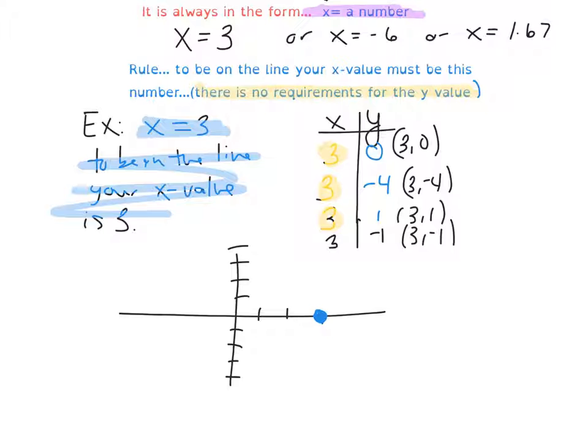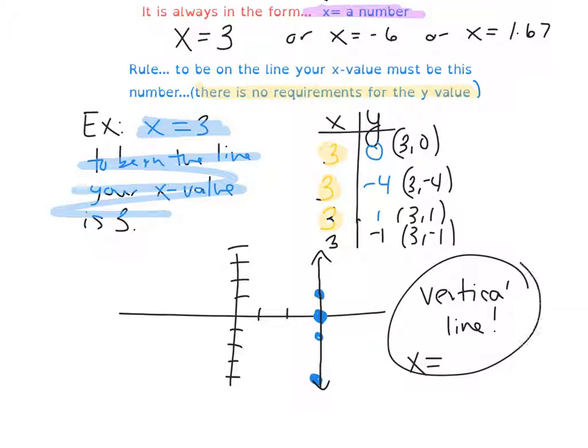The next point was at (3, -4). Then we have (3, 1), and we have (3, -1). So we can see that these do form a vertical line. And again, I could have chosen any y value I wanted in between, so I'm going to connect the dots. So a line in the form of x equals a number is always a vertical line.